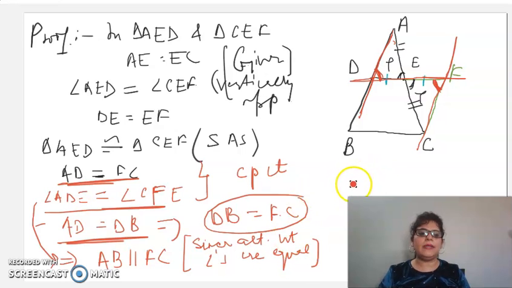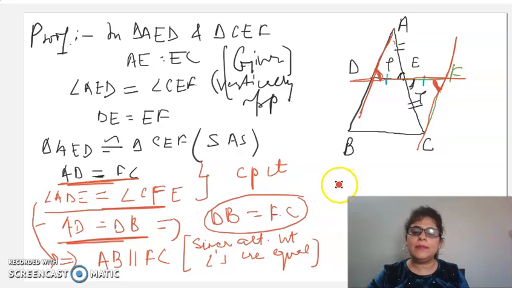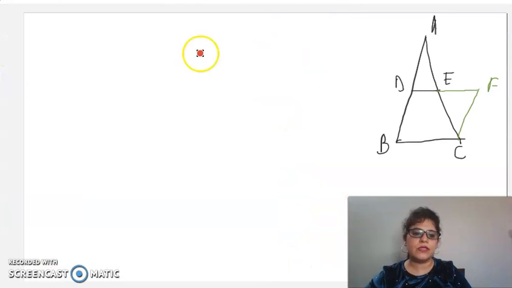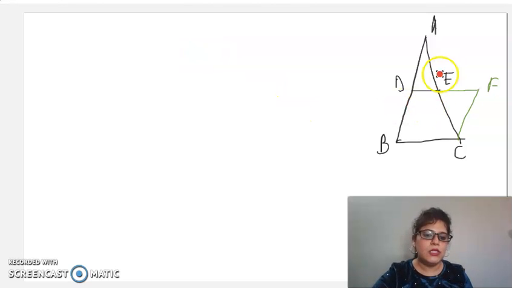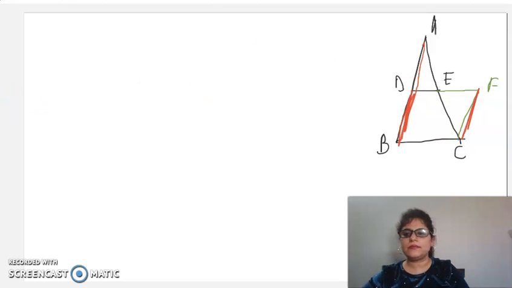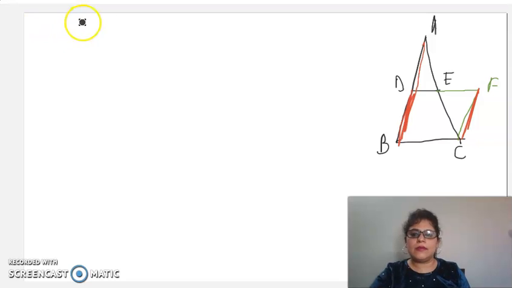So AB is parallel to FC, and DB is a part of it, so DB is parallel to FC as well. See, we have a figure ready here as well. We said AB was parallel to FC. This was parallel to this. So obviously DB will be parallel to FC.